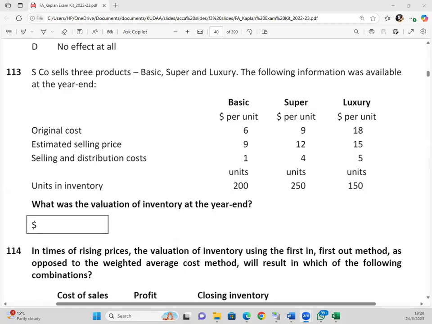So what was the value of inventory at the year end?